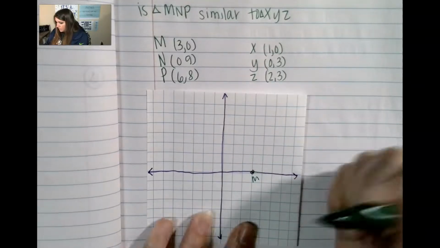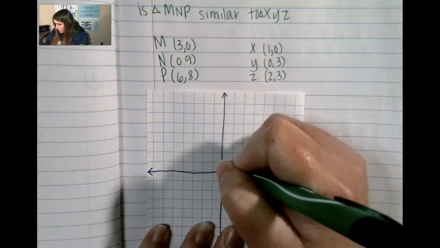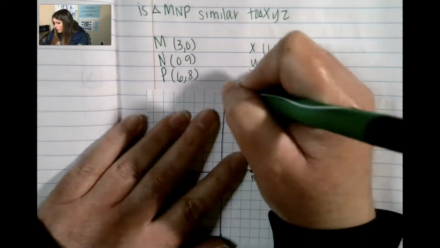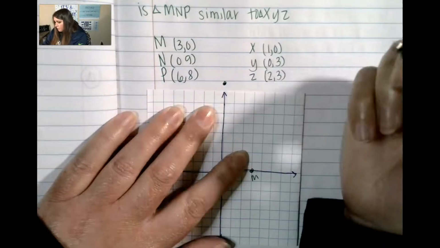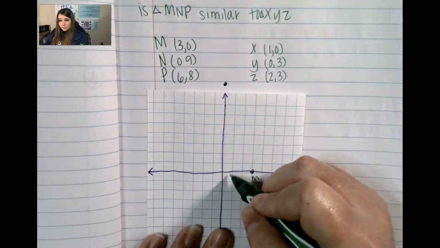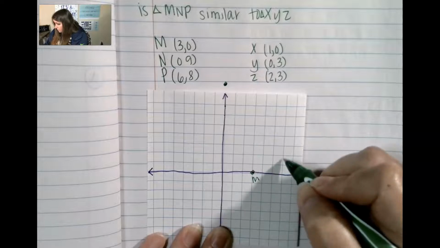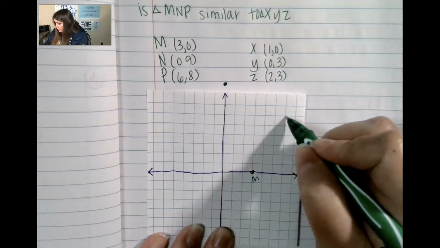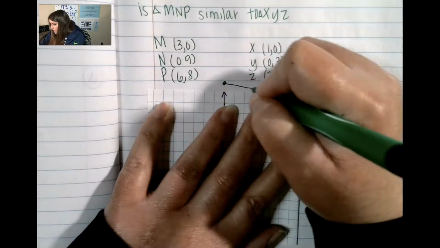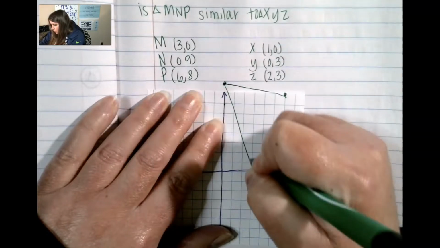That's M. N is at 0, 9, so go nowhere for X, and then up 9. 1, 2, 3, 4, 5, 6, 7, 8, and 9. I'm off the charts again. And then 6, 8. So over 6, 1, 2, 3, 4, 5, 6. 1, 2, 3, 4, 5, 6, 7, and 8. Okay, here is my first triangle.